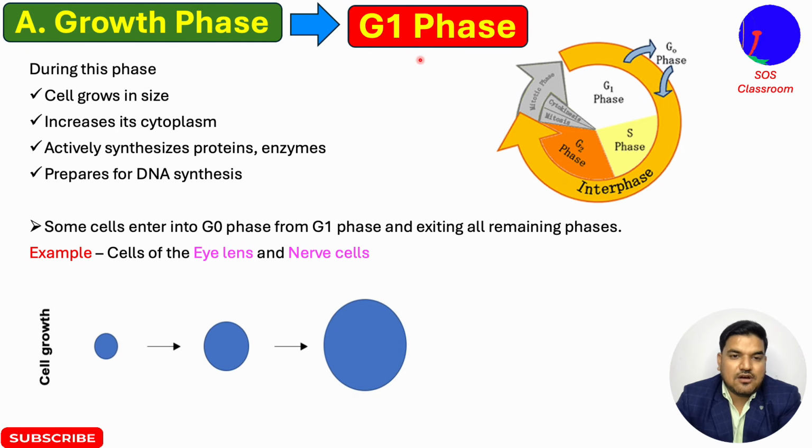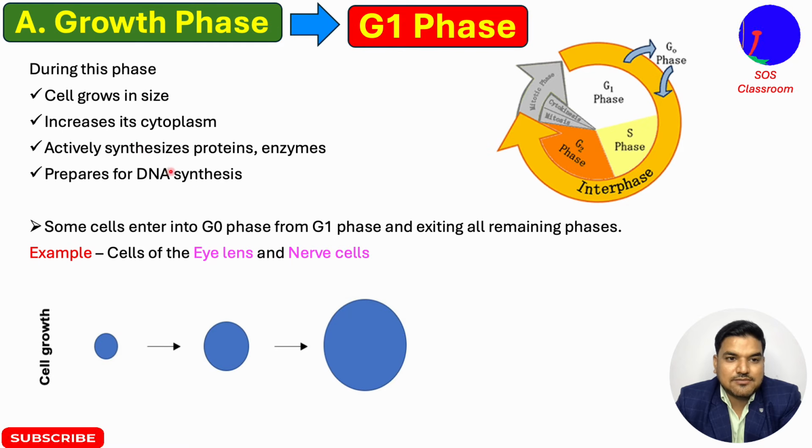In the G1 phase or gap 1 phase, what will happen? During this stage, the cell grows in size. Cell growth means the newly formed cells enlarge in size. You can see these are newly formed cells, then they change into a larger size, then again into a larger size. The cytoplasm also increases, because if the cell size increases, then the cytoplasm also increases.